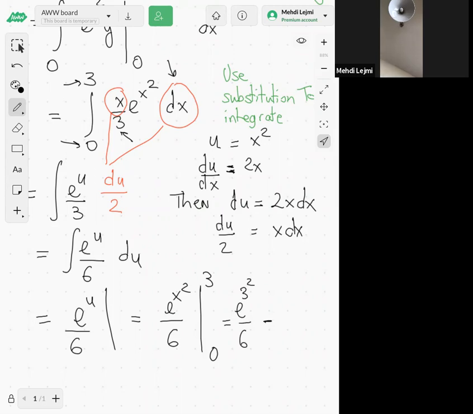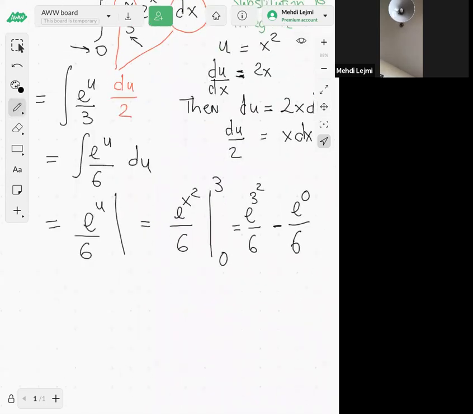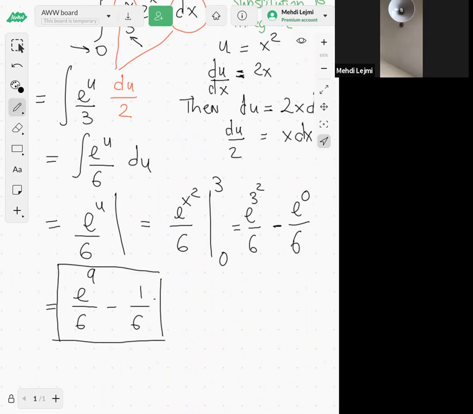So that's e to the 0 over 6. So the final answer would be e to the power 9 over 6 minus 1 over 6. Okay, so that's the final answer.